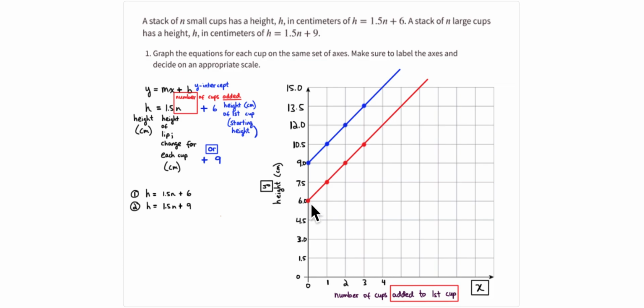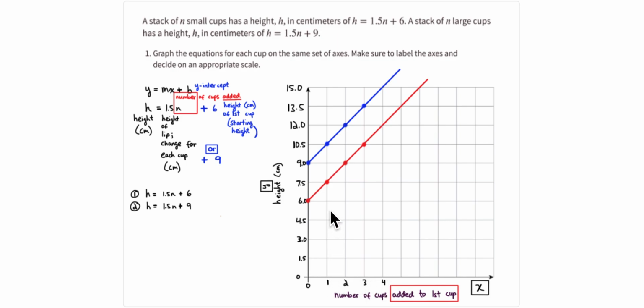Well, that's 6 centimeters for the small cup, or 9 centimeters for the large cup. But that's 1 cup. It's not number of cups, because the number of cups here is 1 cup. It's 6 centimeters tall, and this is 9 centimeters tall. So these numbers are the number of cups added after, or added to the first cup.